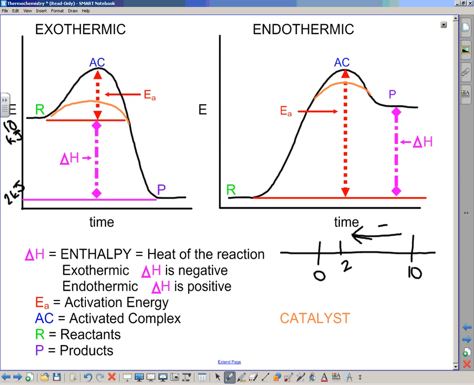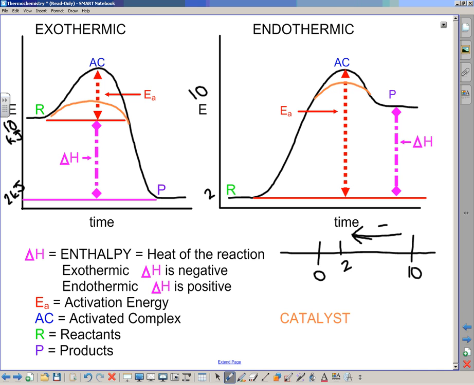We have decreased. We have a negative value there for our delta H. Does that make sense to everyone? And then obviously the opposite occurs with an endothermic reaction. We start off down here at 2 and we end up around 10. So we're increasing along a number line or along a scale. So our delta H becomes positive for an endothermic reaction.